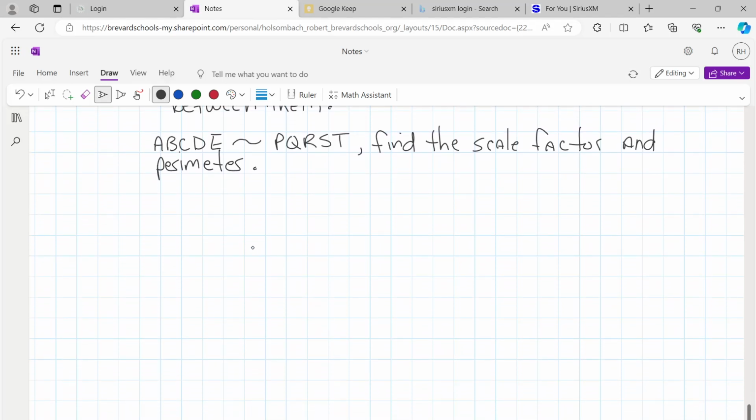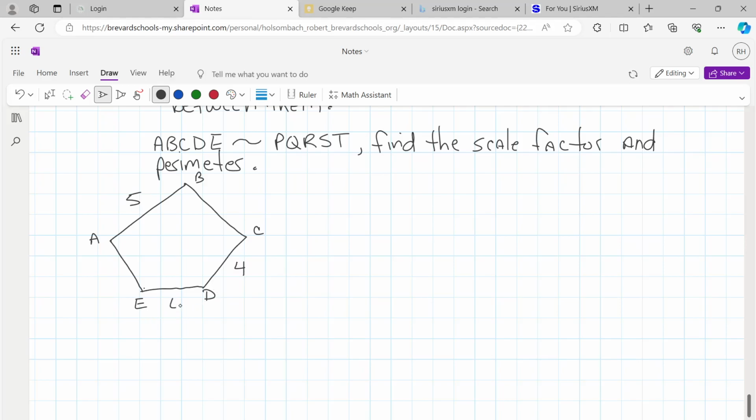All right, so here's our first shape. It's a pentagon, ABCDE. We got one side that's 5. This side is 4.